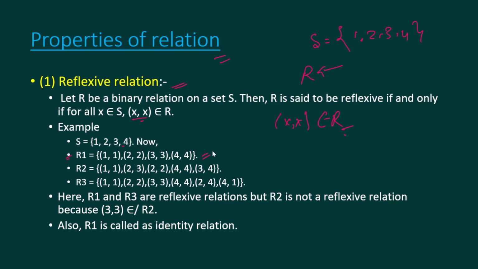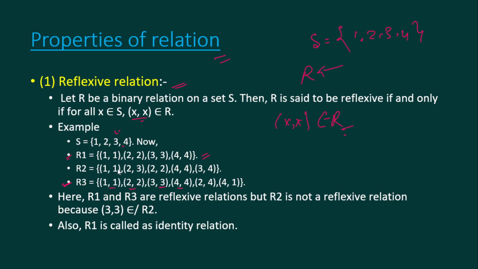So this is a reflexive relation. Similarly in R3, (1, 1), (2, 2), (3, 3) and (4, 4) are all there. So every element is related to itself, and this is also a reflexive relation.